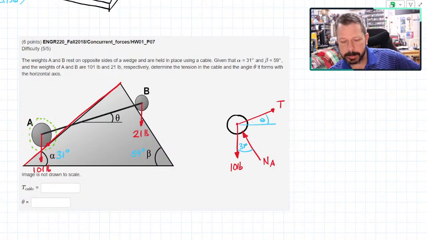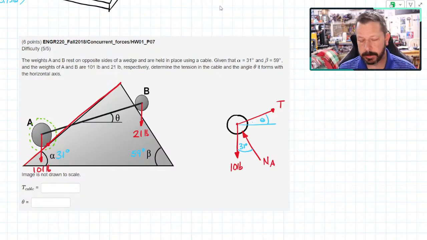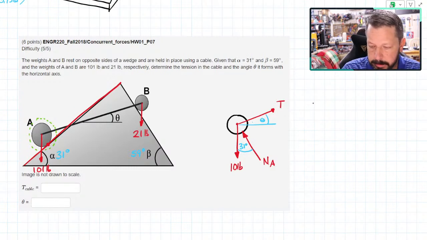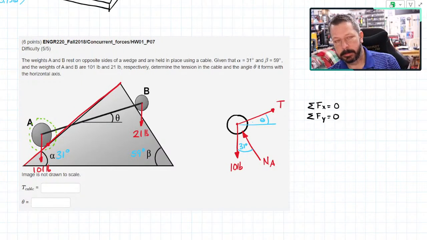The problem with it is it's a 2D concurrent force system. And for 2D systems, I have two equations. That's fine. Two equations means I can only solve for two unknowns. And I have three. I have T, theta, and this normal force at A. So that kind of throws things off.